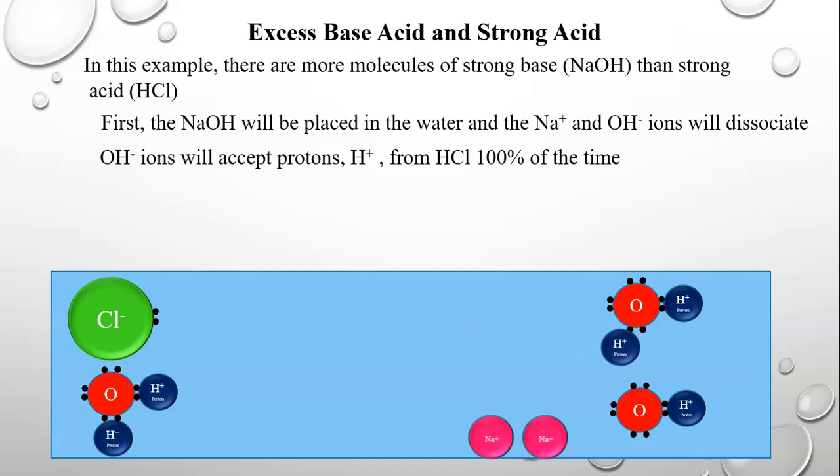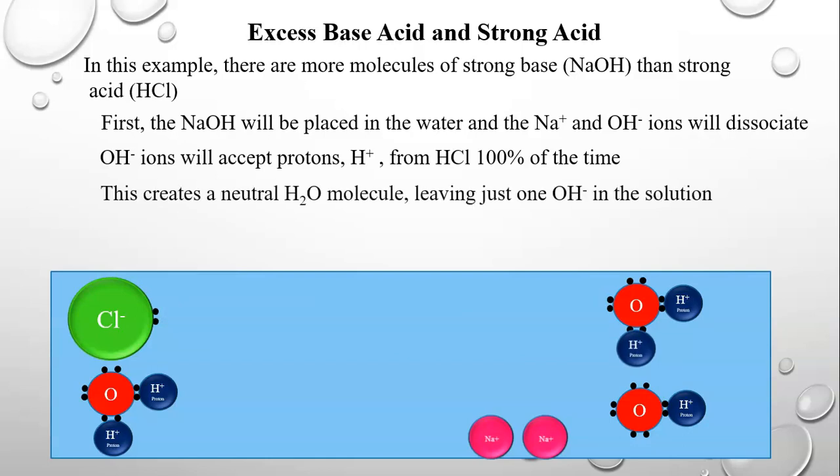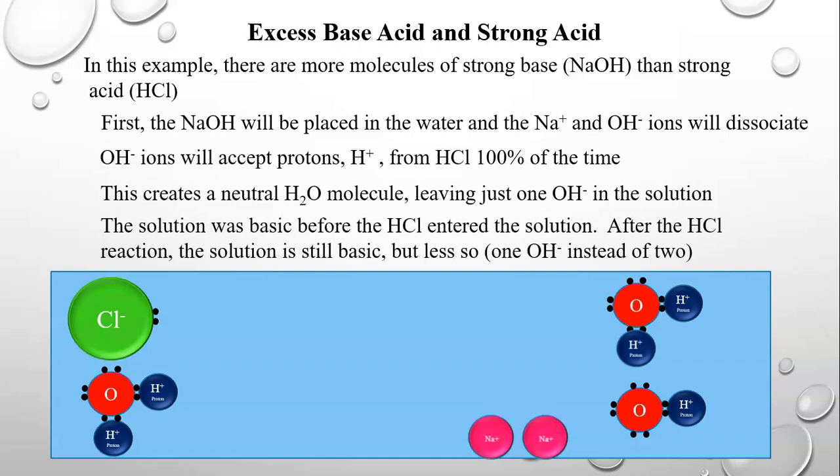So there goes the proton, and that neutralizes the OH to become a water molecule. This creates a neutral H2O molecule, leaving just one OH minus in the solution. The solution was basic before the HCl entered the solution. After the HCl reaction, the solution is still basic, but less so. It only has one OH minus instead of two.